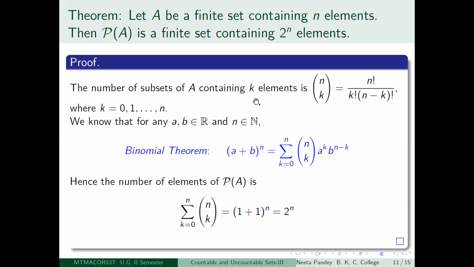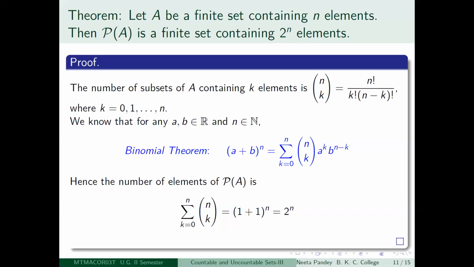So in general, if I want to find out how many subsets of A contain k elements, that will be equal to the number of ways you can choose k elements from n elements. So that is n choose k, and that is equal to n factorial divided by k factorial times (n minus k) factorial.